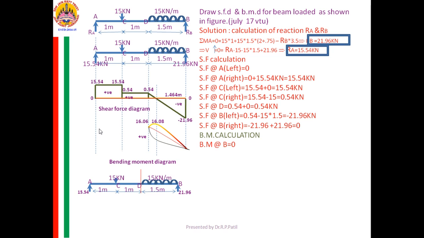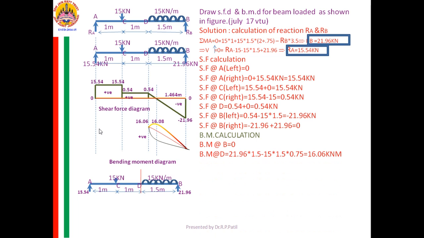Therefore, that 15.54, its distance from D is 2. Therefore, it is 15.54 into 2 and is positive. Next, 15 kilonewton, its distance from D is 1. 15 into 1 is downward, negative. That is why minus 15 into 1.